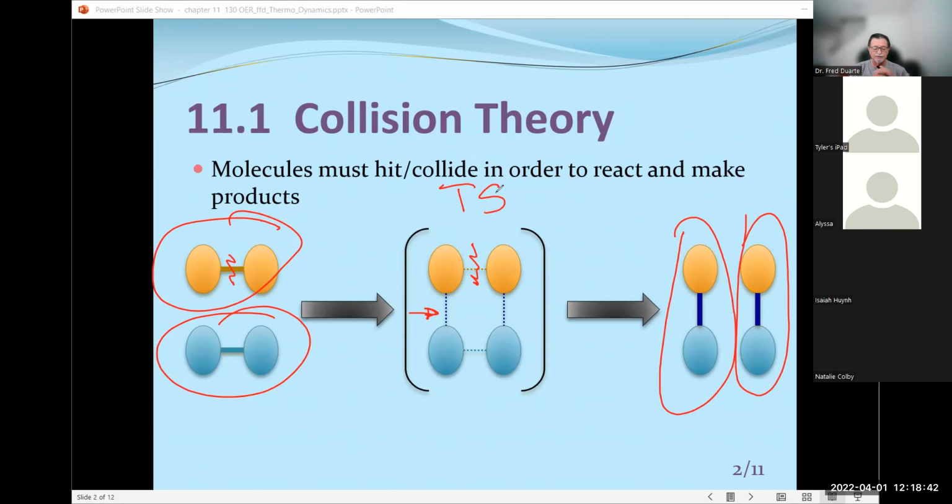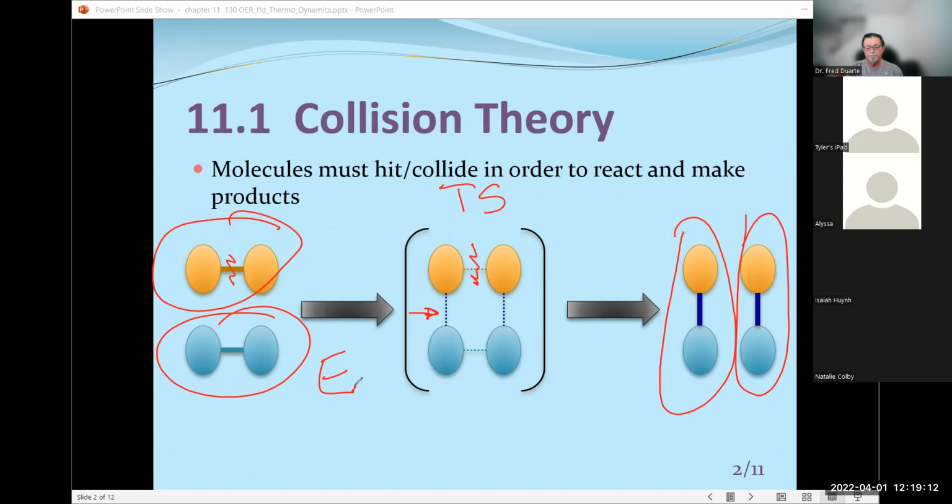Some transition states hang out a little longer, but the point here is that reactants go through a transition state to form products. The second aspect is that this requires a very specific amount of energy, which I'm going to denote as E, to activate the reactants to go to products.